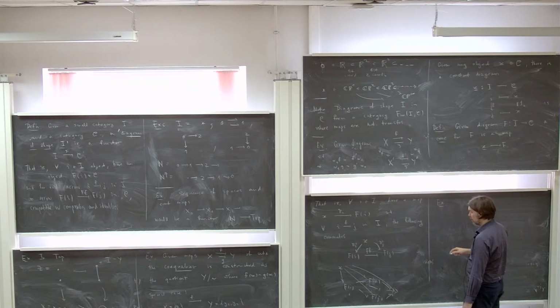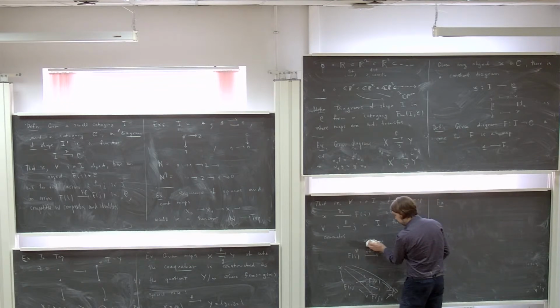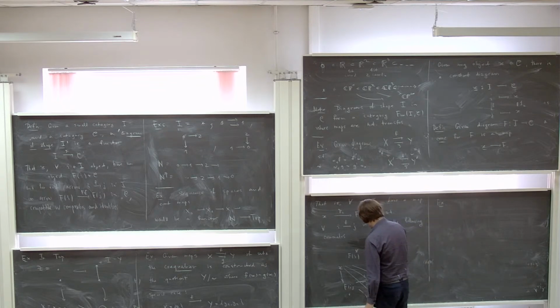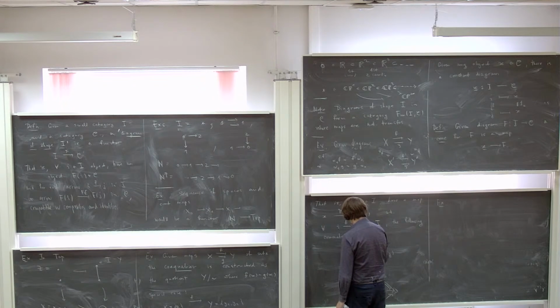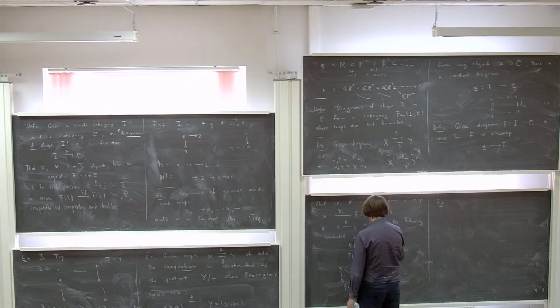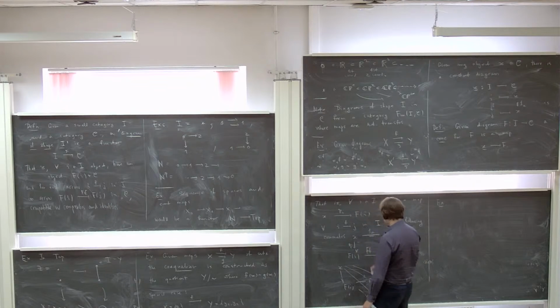So if you like, I could have drawn this instead as X. Here, this is what the constant functor does to F, but that's just the identity.